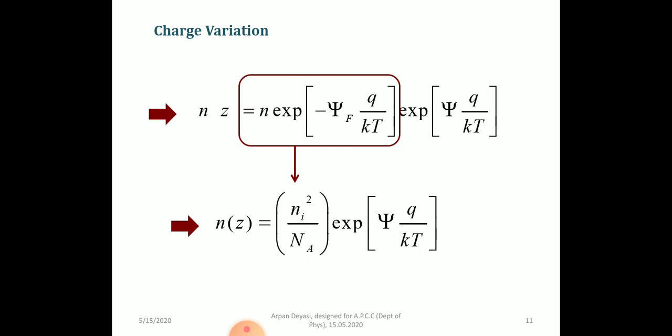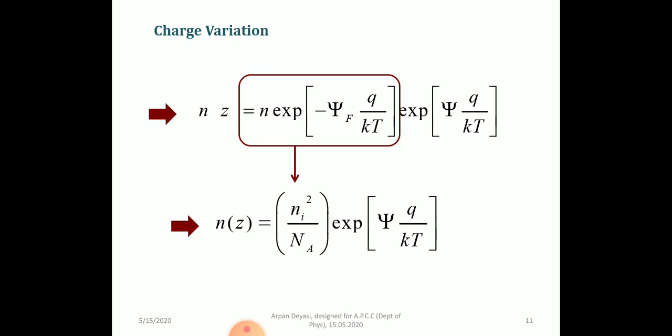The n part is basically the minority concentration. So it is measured in the bulk but for the minority. Previously, the value was measured in the bulk but for the majority. Now it is measured in the bulk but for the minority. For the minority, what will be the value? It will be n_i squared by N_a.